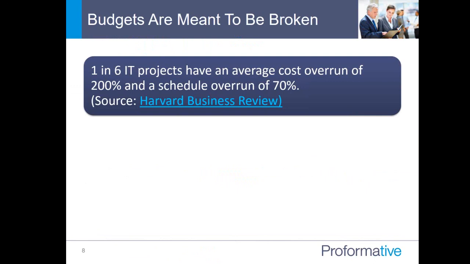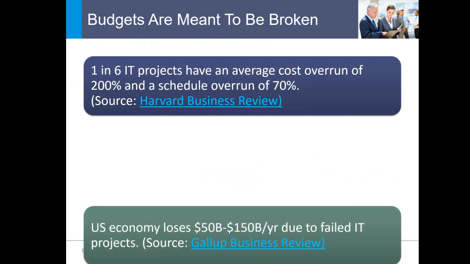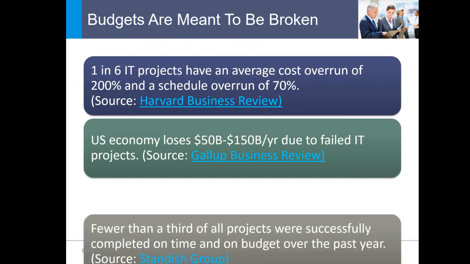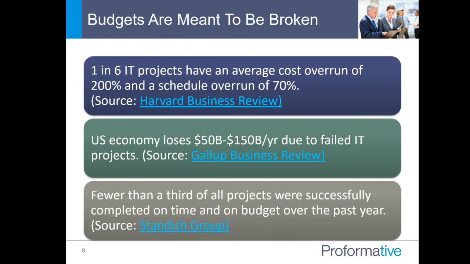A couple of stats we looked at: 1 in 6 IT projects have major cost overruns, per a review by Harvard Business Review. Overall, the U.S. economy loses a significant amount based upon IT projects not working out as planned. And fewer than a third of all IT projects were successfully completed on time.